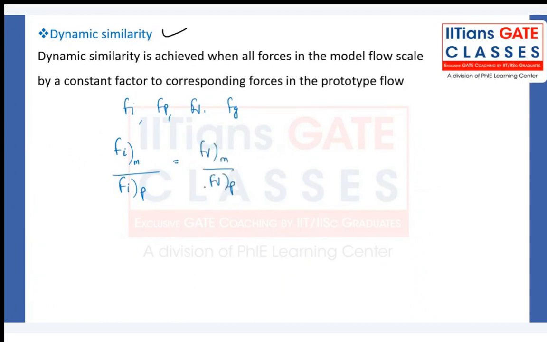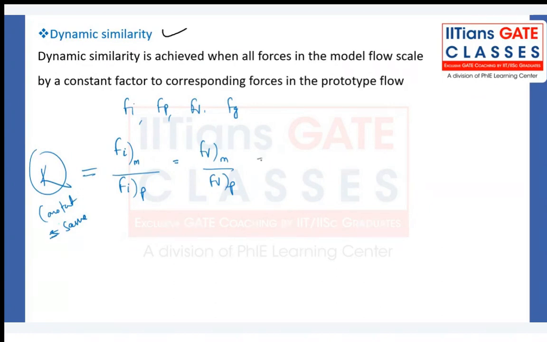Whatever forces you have, the ratio of corresponding model and prototype forces should be the same. This ratio should be K, constant. That cannot change. That simply cannot change.